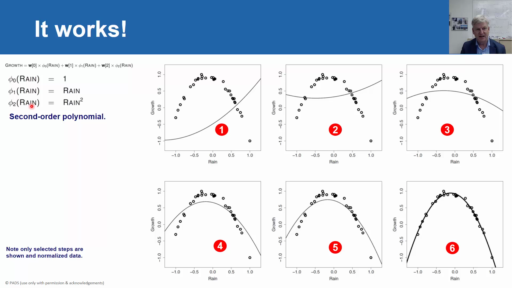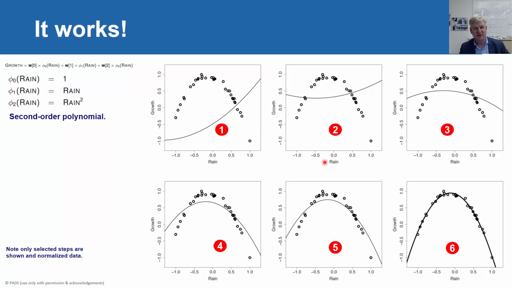So we are able to fit now any second order polynomial, and again we can use the same strategy, trying to minimize the error, and what you now see is that in a couple of steps we are indeed almost perfectly fitting our data set. So this is showing that it works.